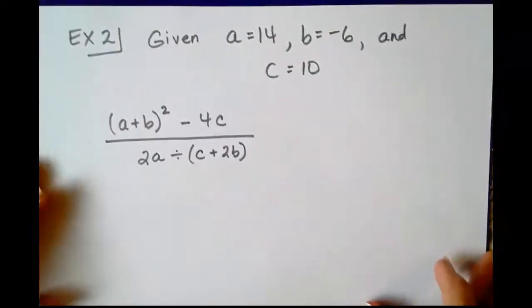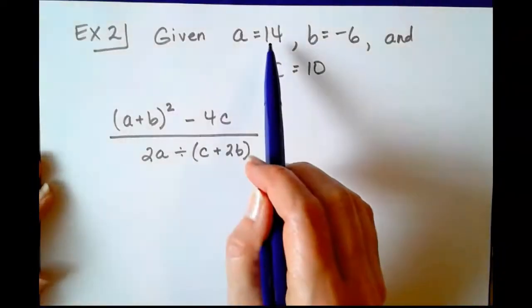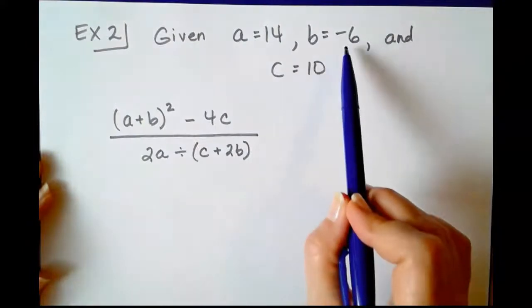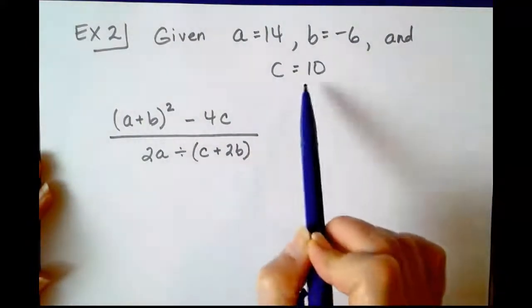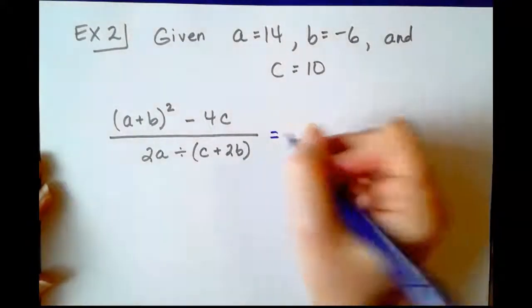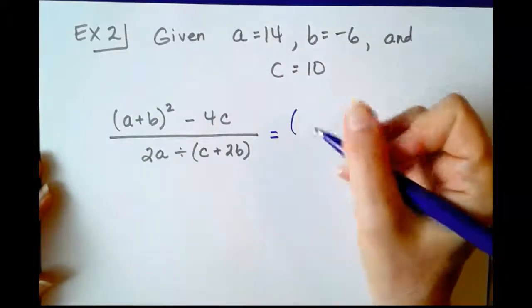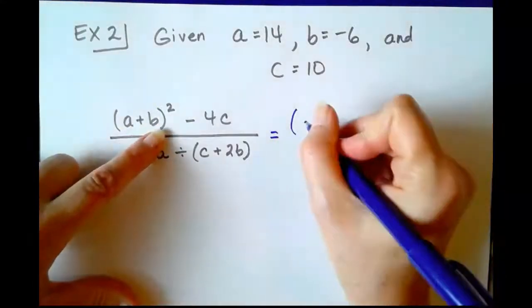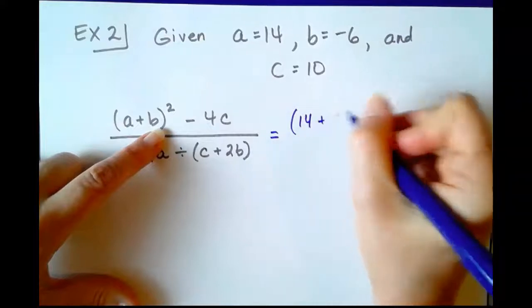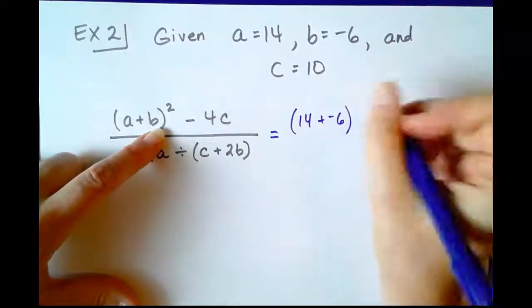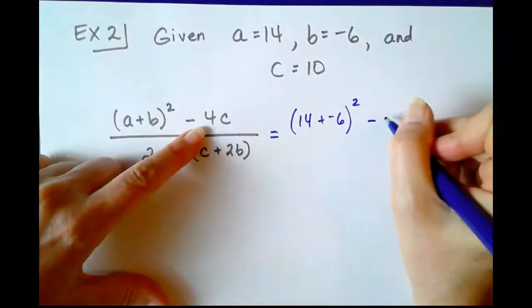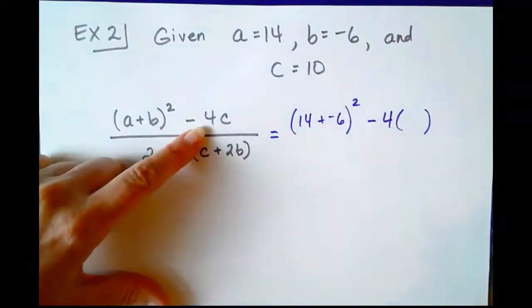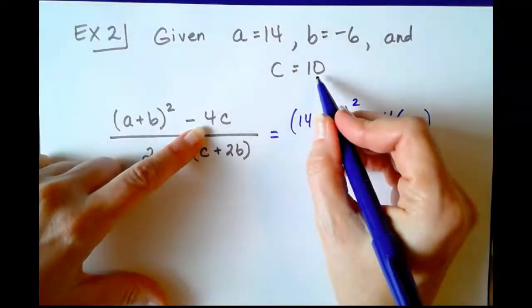Last problem, given A equals 14, B equals -6, and C equals 10. So we're going to use substitution here and plug them in. So A plus B: 14 plus -6, squared, minus 4 times C. Notice I'm using parentheses here for my substitution.